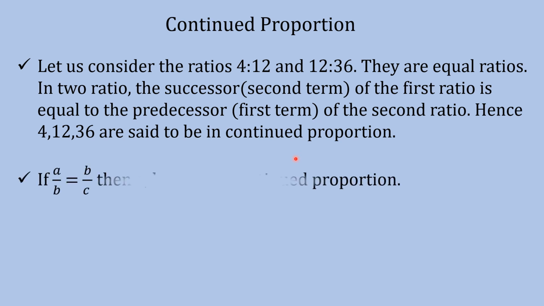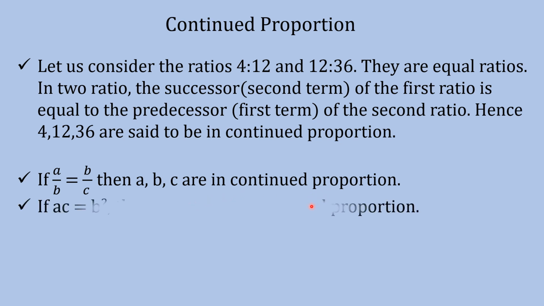So if A upon B equals B upon C, then A, B, C are in continued proportion. Can you see? The second term of the first ratio and the first term of the second ratio are equal, B and B. If you get such ratios, then you can say they are in continued proportion.